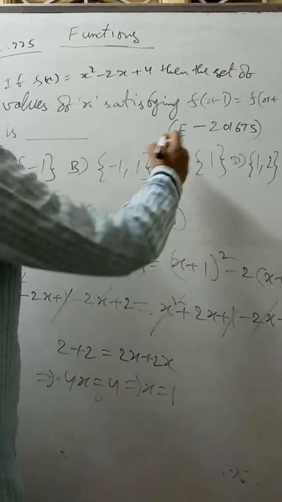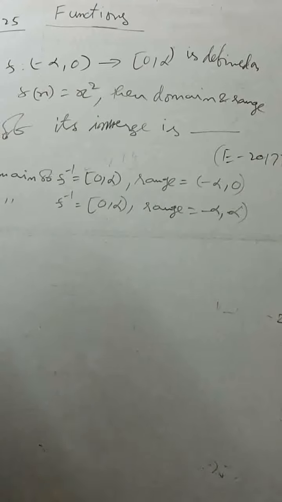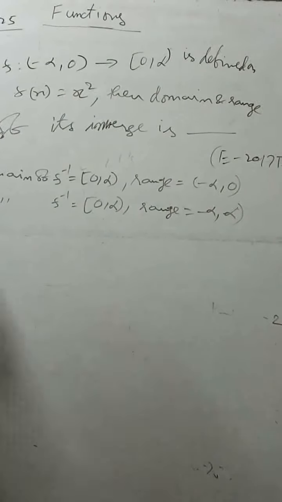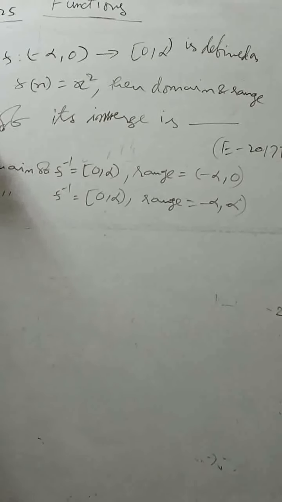f is a mapping from minus infinity to 0 to infinity, defined as f of x equal to x square. Then the domain and range of the function is, range of f inverse of the function, it is asking. Domain and range of its inverse means f inverse x domain and range is asked. So what is f inverse x domain and range?